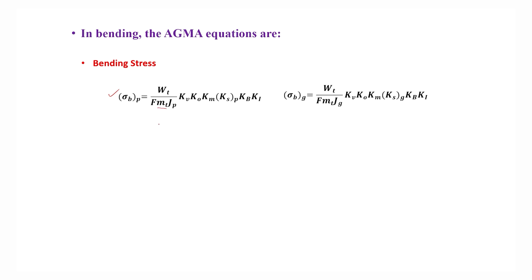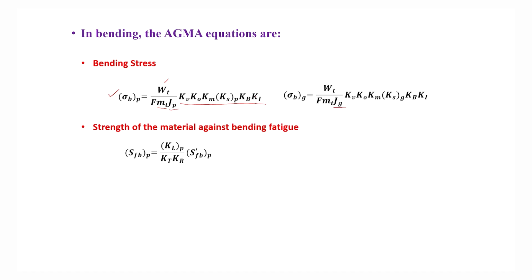MT is the transverse module, JP is the geometry factor for the case of the pinion, and similarly for the gear. Then these are the modifying factors of WT, the transmitted load: the velocity factor, overload factor, the mounting or load distribution factor, size factor, then the rim thickness factor and the idler factor.